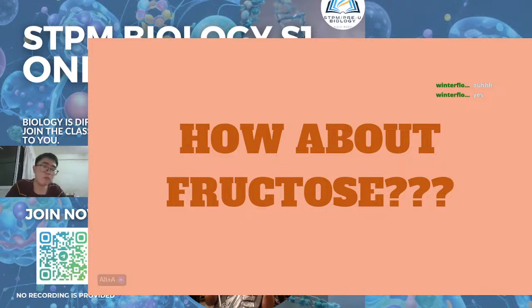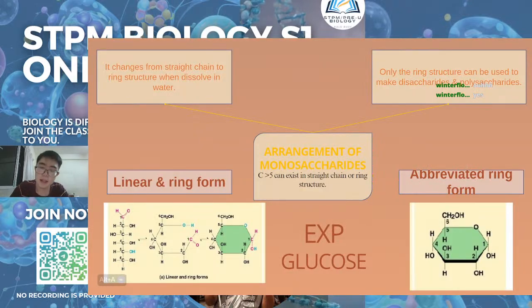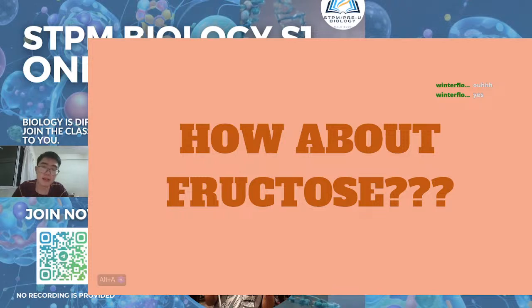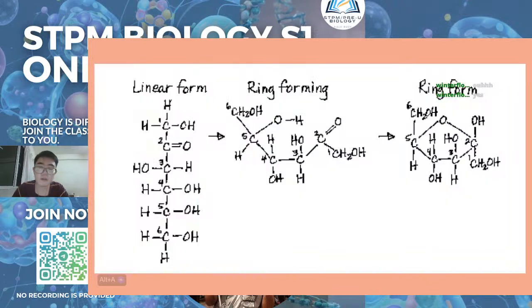How about fructose? If you refer to the ring structure of fructose, it is not a hexagonal shape. For fructose, it looks like a pentagon, not a hexagon like glucose. Why? Because of the carbonyl group.